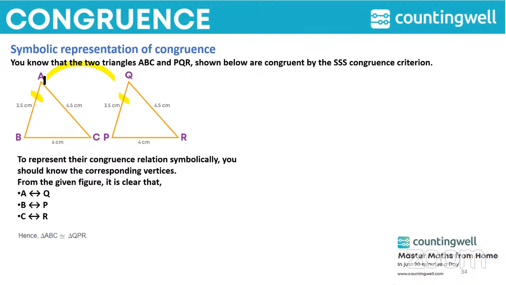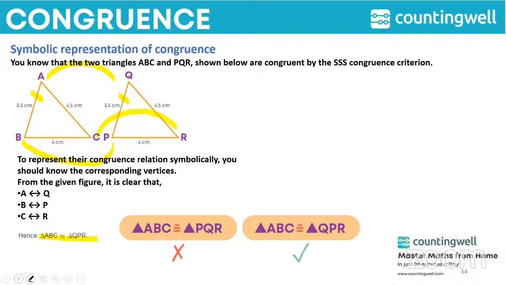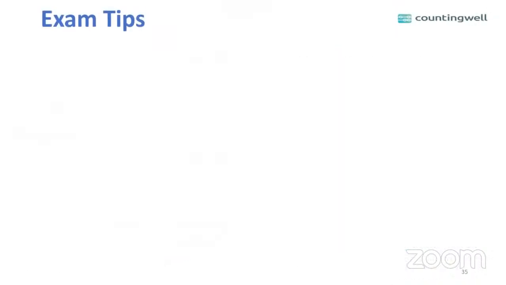So here you can see angle A corresponds to angle Q, angle B corresponds to angle P, and angle C corresponds to angle R. That's why we say triangle ABC is congruent to triangle QPR, not triangle ABC congruent to triangle PQR.